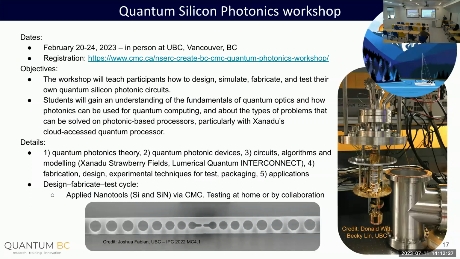So it's pretty exciting. We also have fabrication capabilities. Applied Nanotools is a very low volume academic style foundry in Canada that manufactures this. They're in Alberta and UBC. So they use some of the UBC equipment, and we also do our in-house fabrication as well.